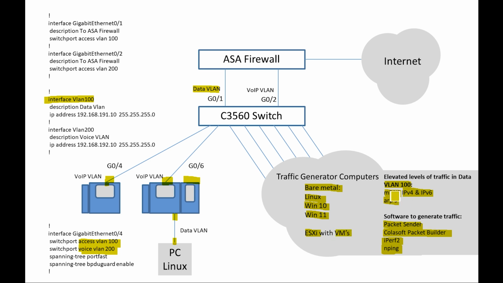There is a limitation that I've noticed based upon behavior during testing for both Windows and Linux when it comes to generating elevated levels of mDNS and ARPs. You will be limited in how large an amount of traffic you can generate, and it is not that much from a single device.